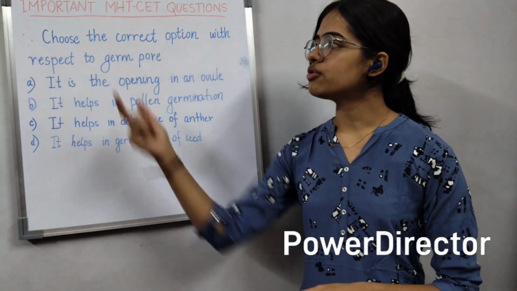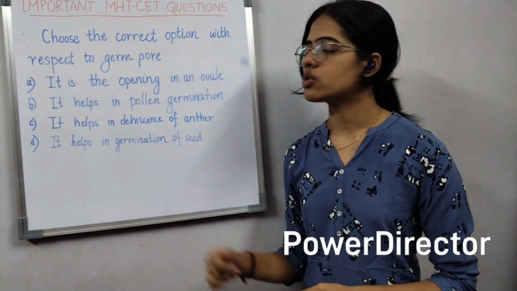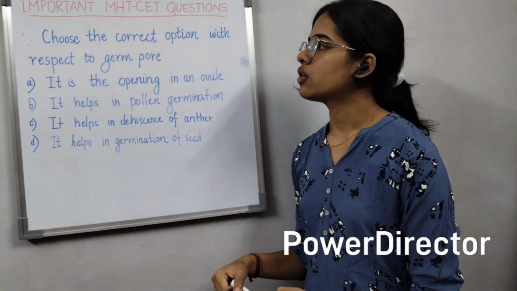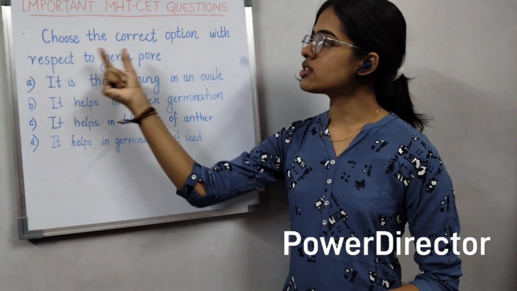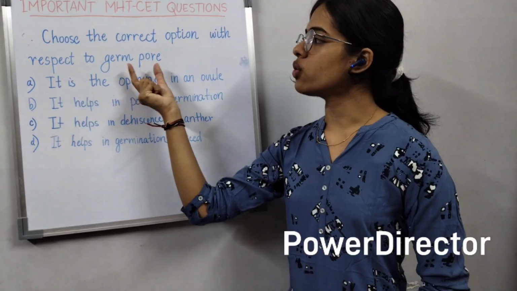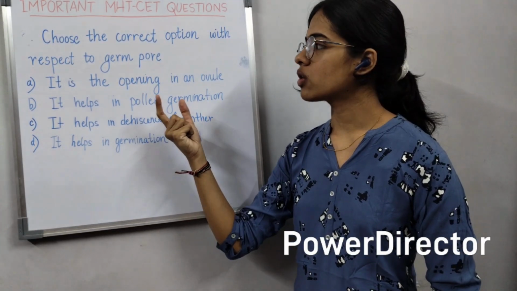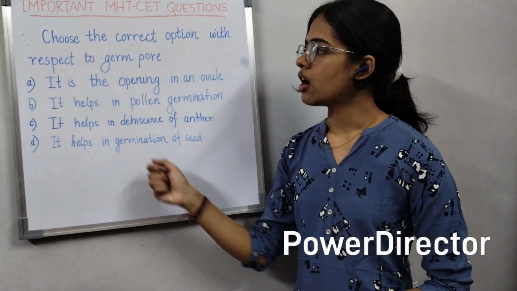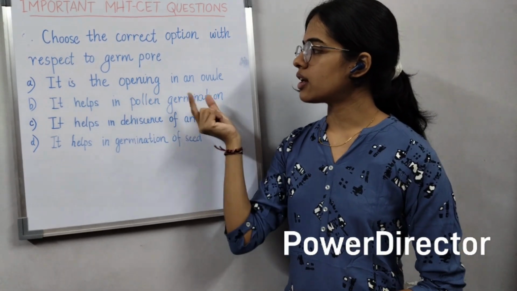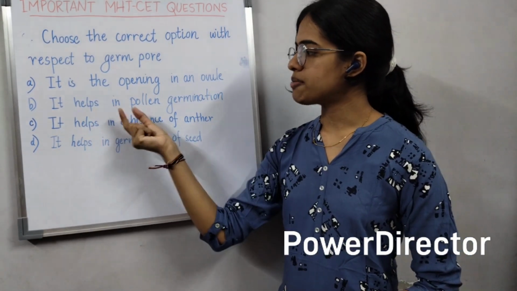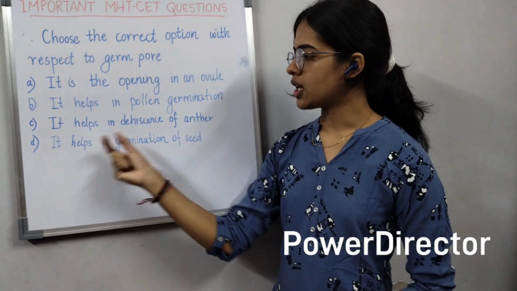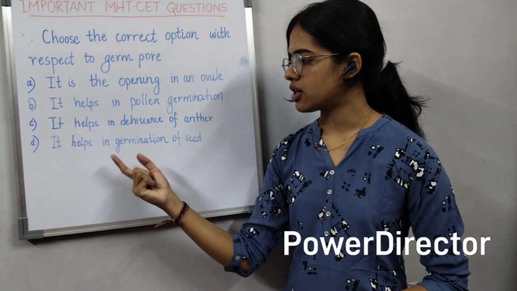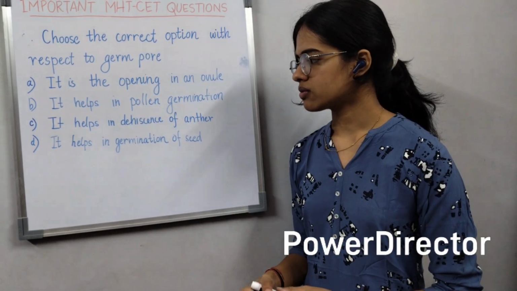This is the fourth question, another question in MHT-CET 2024 from the first chapter. The question is, choose the correct option with respect to a germ pore. The options given are, it is the opening in an ovule, it helps in pollen germination, it helps in dehiscence of anther, and it helps in the germination of seed.